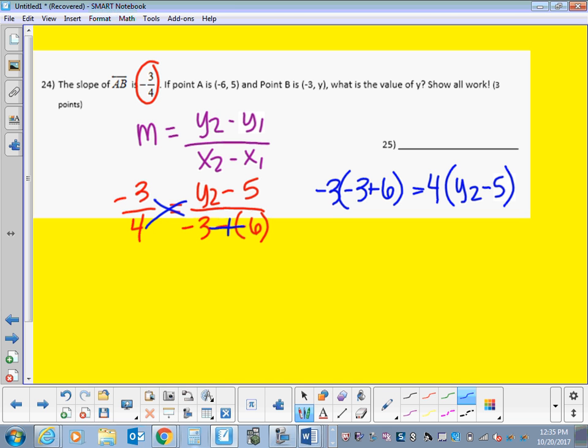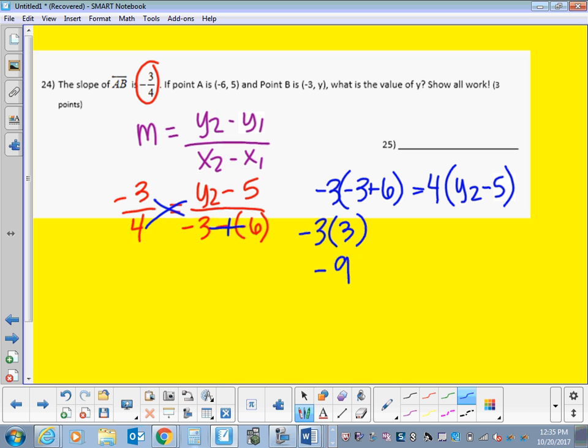So far, so good? On the left side, I can combine like terms, right? Inside the parentheses, what's -3 plus 6? Did you pay attention? 3. So -3 times 3 is what?